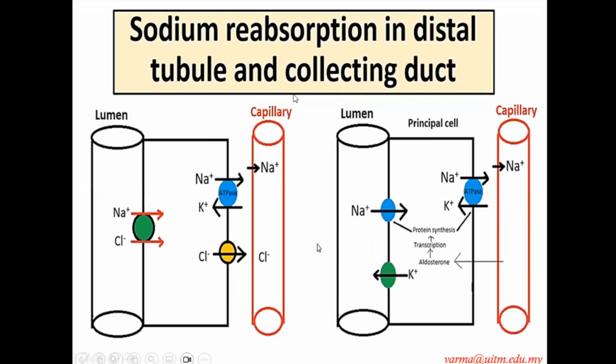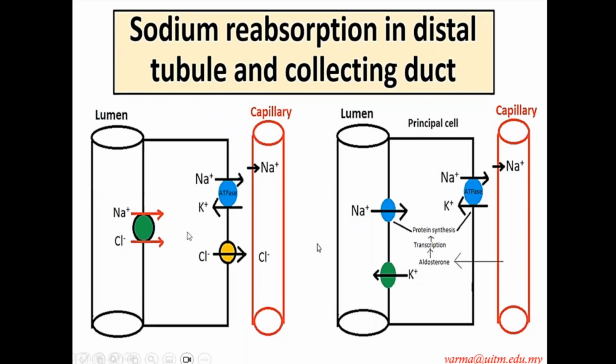So next we go into sodium reabsorption in the distal tubule and collecting duct. As I mentioned, the distal tubule and collecting duct play a major role in potassium secretion, and they are highly regulated by many hormones. So what happens in the distal tubule and collecting duct?